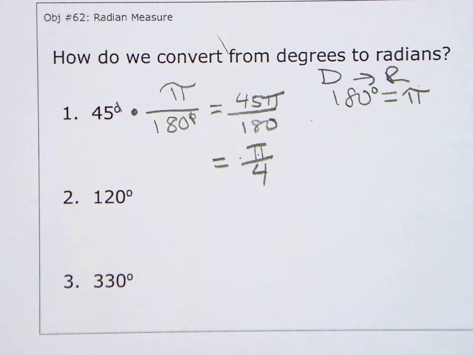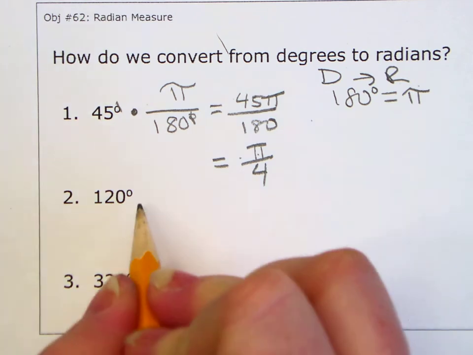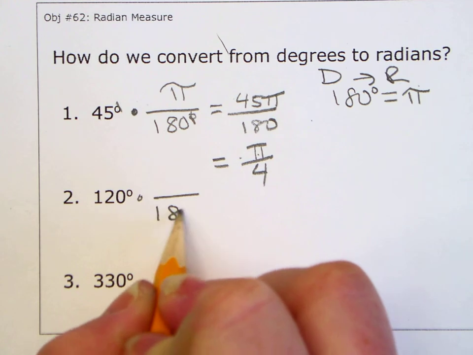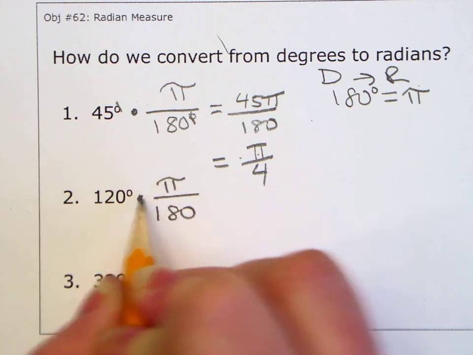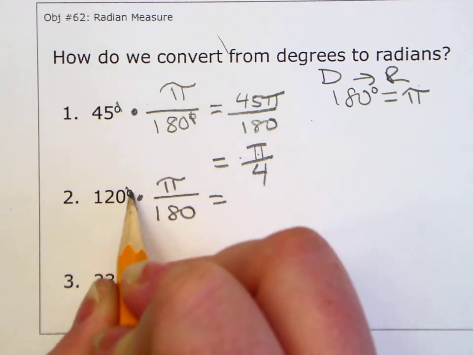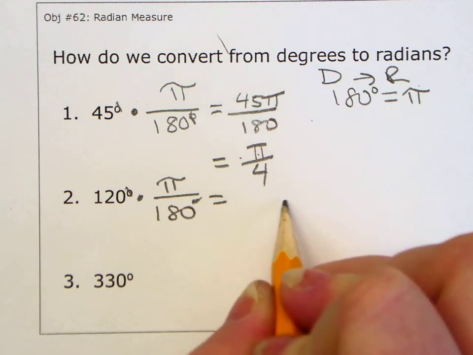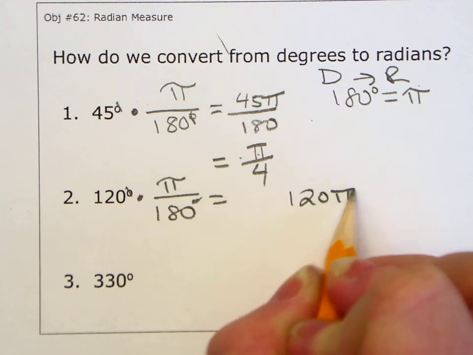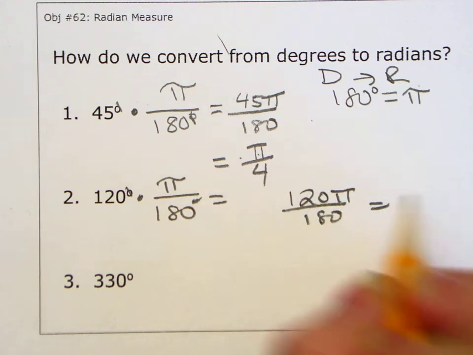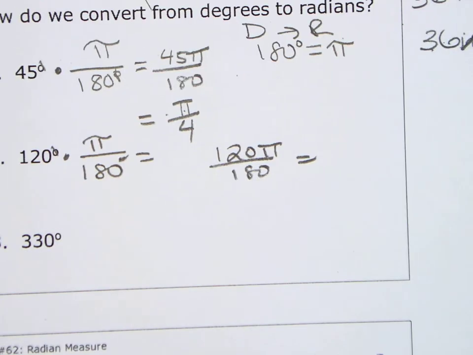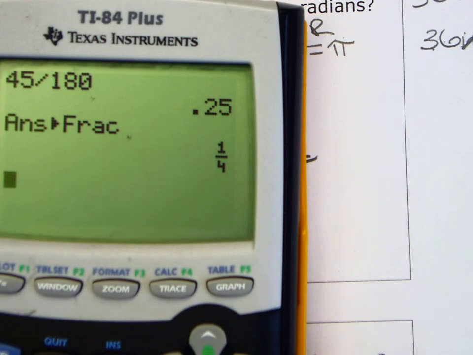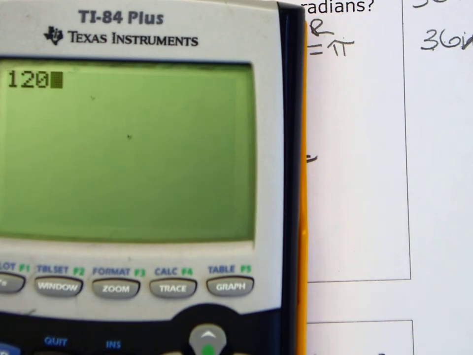Okay. Same thing for number 2. We want our degrees to cancel. So 180 on the bottom, pi on top. Degrees cancels. So that's 120 pi over 180. We're going to simplify our fraction. So if you can't do it in your head, 120 divided by 180.